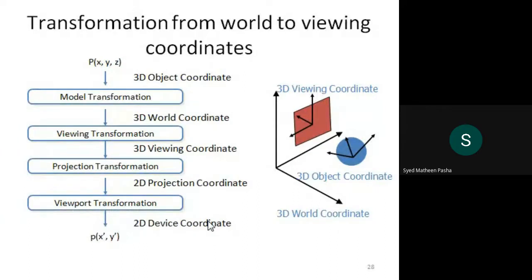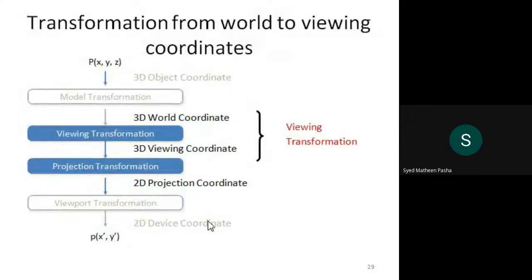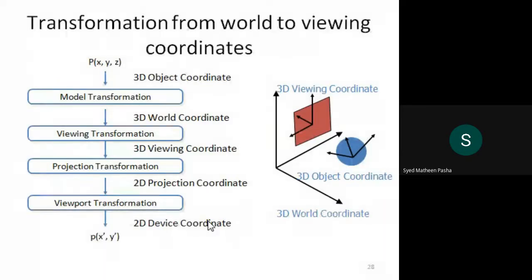So these are the 4 important transformations you need to remember with respect to the world coordinates as well as viewing coordinates. So this is the initial value you give, that is P of X, Y as well as Z, as an input for the model transformation.